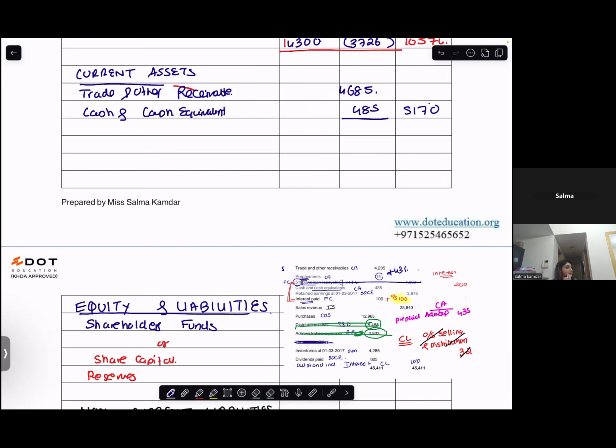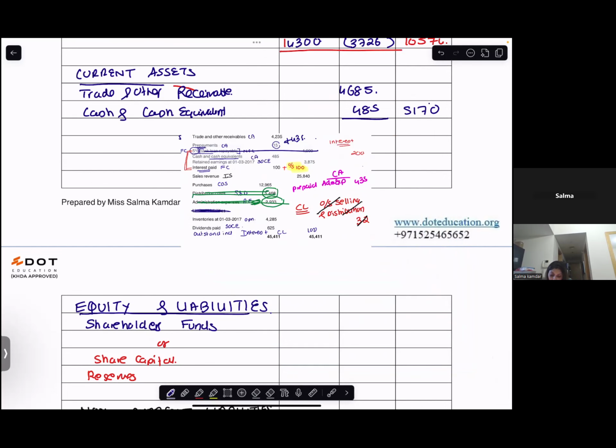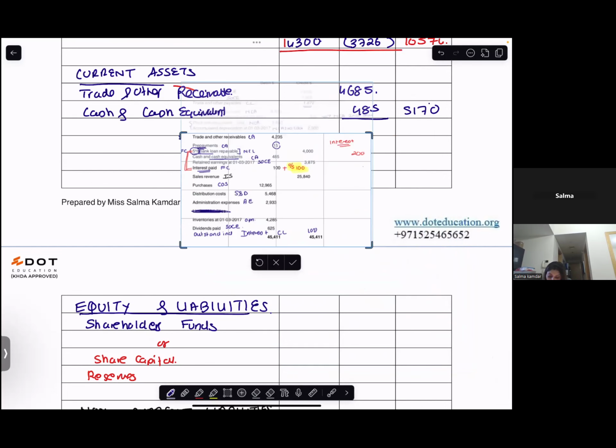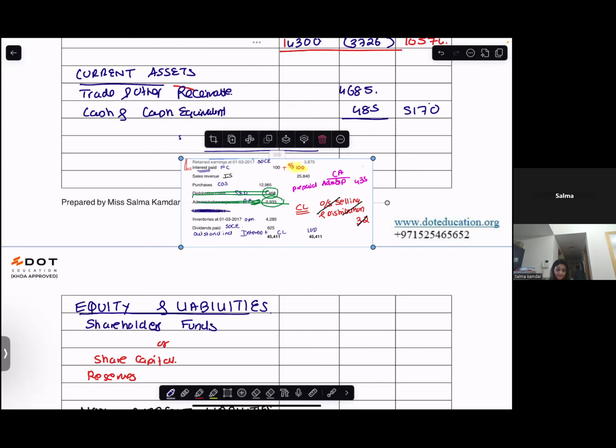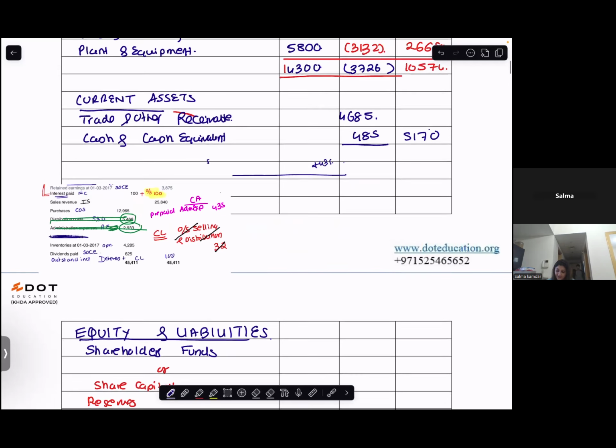Are you with me? Okay. What else now? Trade and other receivables is done. Prepayment is done. Bank loan is done. Cash and cash equivalent is done. I'll go to my retained earnings.